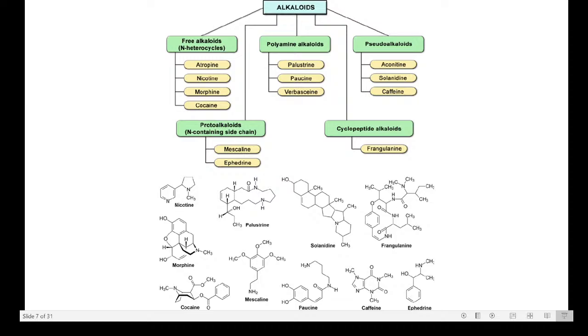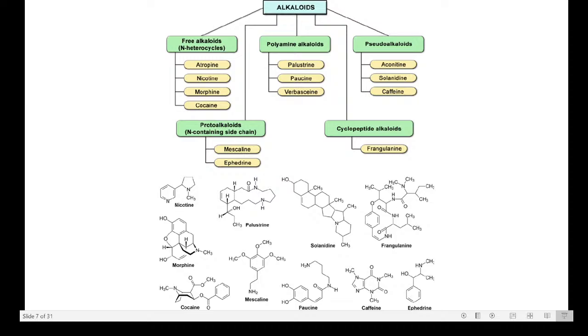Okay, this alkaloid has five classifications branched: free alkaloid, polyamine alkaloid, pseudoalkaloid, protoalkaloid, and cyclopeptide alkaloid. Okay, the green boxes are classification names. The sandal colored boxes denote a phytochemical name, phytoconstituent name, chemical constituent name.